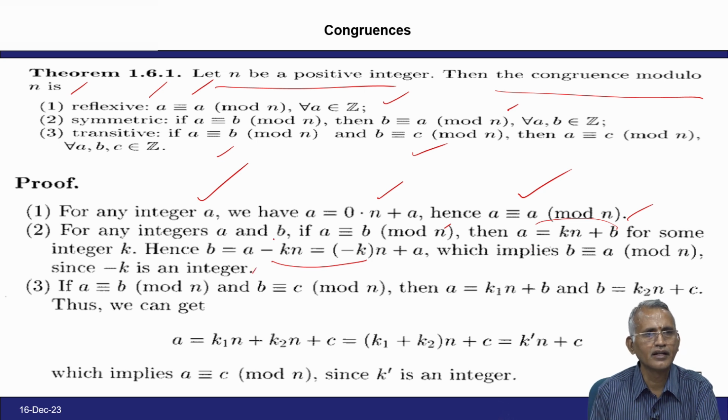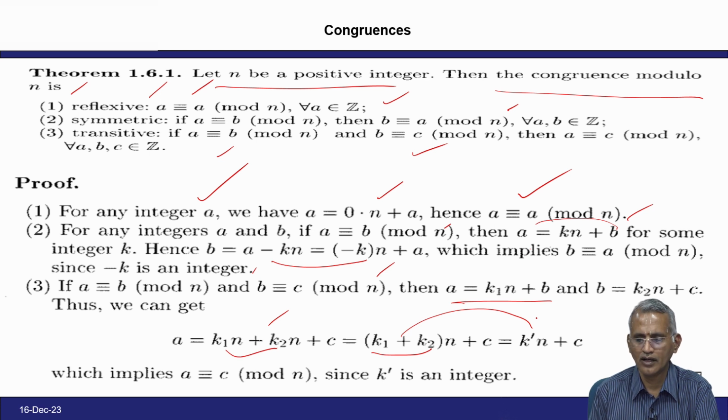If a is identically equal to b under modulo n and b is identically equal to c under modulo n, then a can be expressed as k1 n + b and b can be expressed as k2 n + c. So, we have a = k1 n + k2 n + c, therefore adding them, (k1 + k2) n + c. Call k1 + k2 as k dash, which is a constant, therefore k dash n + c.